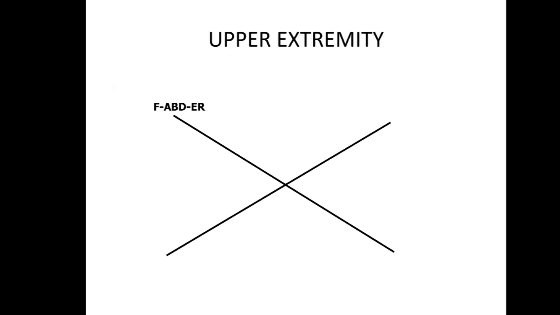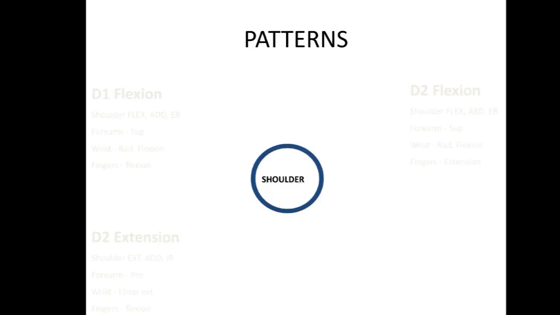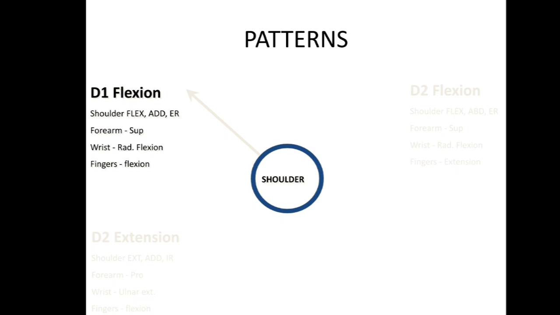For the upper extremity, these are the patterns. Patterns for shoulder: D1 flexion, which includes shoulder flexion, adduction, external rotation, forearm supinated, wrist radial flexion and finger flexion.